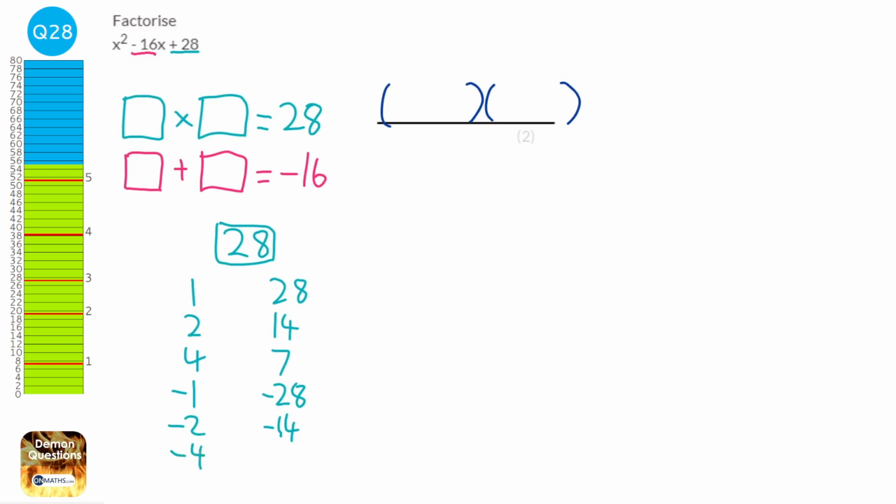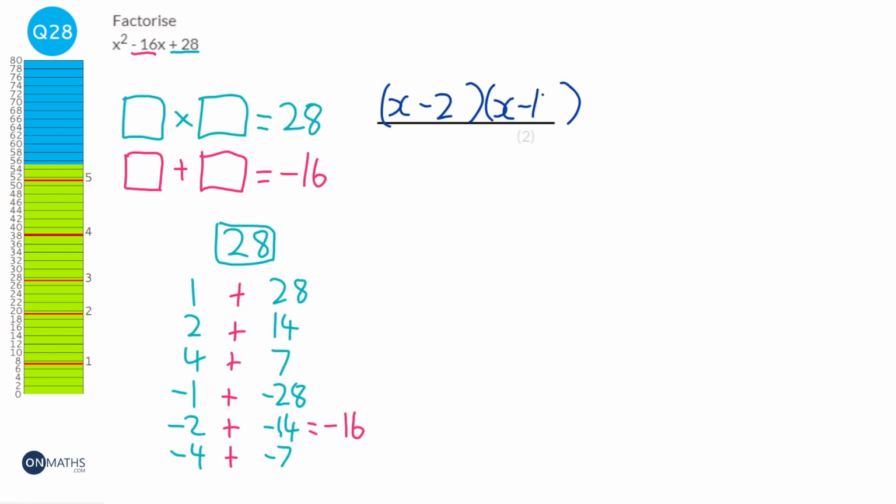And minus 4 and minus 7. But they need to add together to make minus 16. So we're going to check these to see which add together to make minus 16. So looking down the list, it's going to be these 2 here. Minus 2 plus minus 14 is minus 16. The first terms in our brackets are both going to be x, and we're just going to put the minus 2 in one of the brackets and the minus 14 in the other.